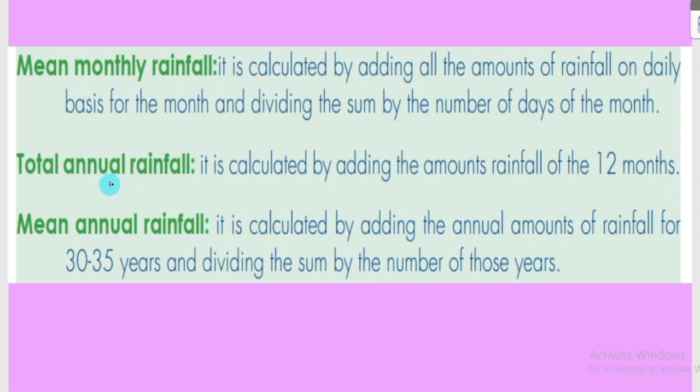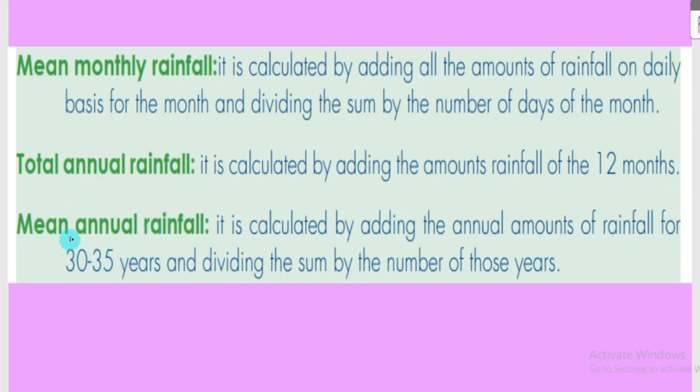And also we can calculate total annual rainfall, and total annual rainfall is calculated by adding the amounts of rainfall of 12 months. Just adding amounts of rainfall of 12 months, you can get total annual rainfall.